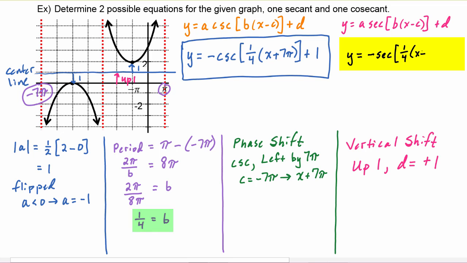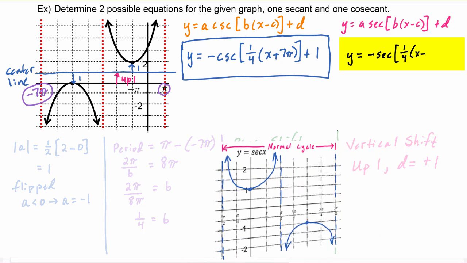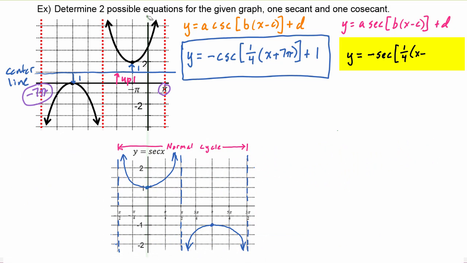X minus. Now we need to look at the phase shift for secant. So when we look at the unaltered graph of secant and we find out what should be happening at the y-axis, it is that first minimum point. Now you have to be careful here because we're using the flipped version of secant, so this becomes the first minimum point that turned into a maximum when it got flipped.